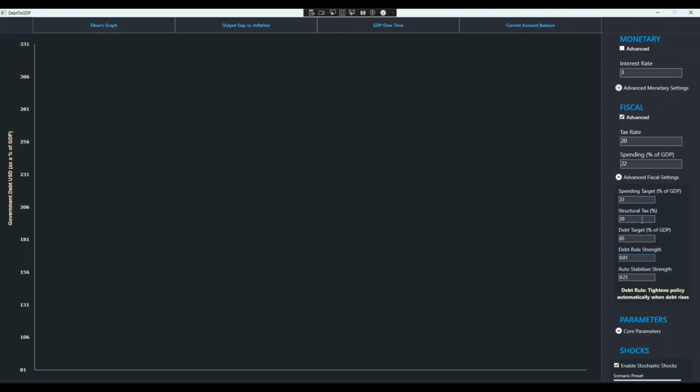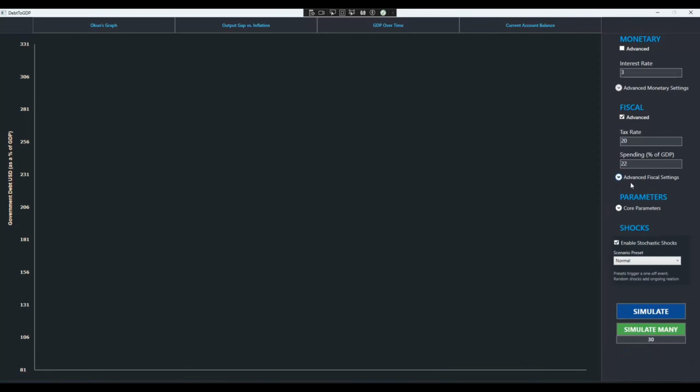And we can also set spending target 28% and debt target to 60% to make more desirable conditions to make this test stand out more. So simulating 30 years, we can note the average debt level and compare it to when we have a higher debt rule strength.